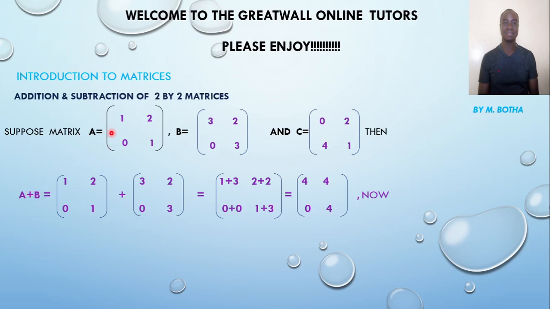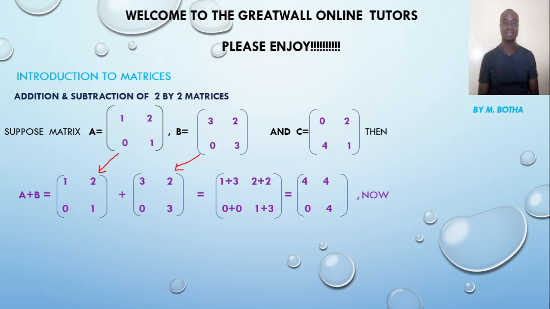What this means is that we're going to substitute matrix A, which is 1, 2, 0, 1, which is right here, right? Okay, just a moment. And so we can see we have this matrix. We substitute it right there. And then matrix B is right here. We substitute it also there, right? Then we need to add. So how do we add matrices?